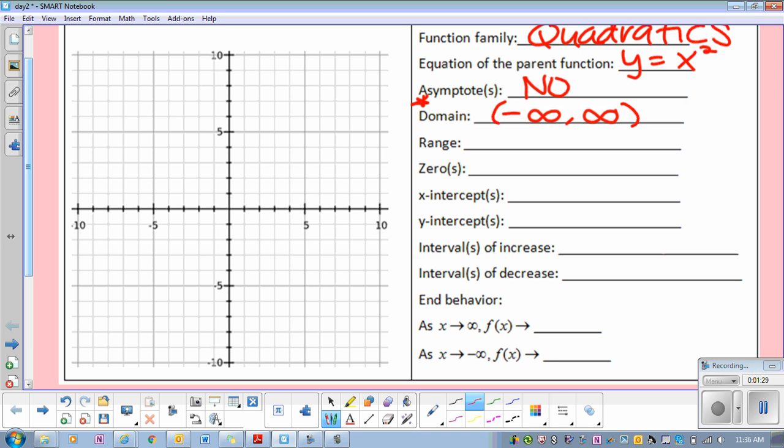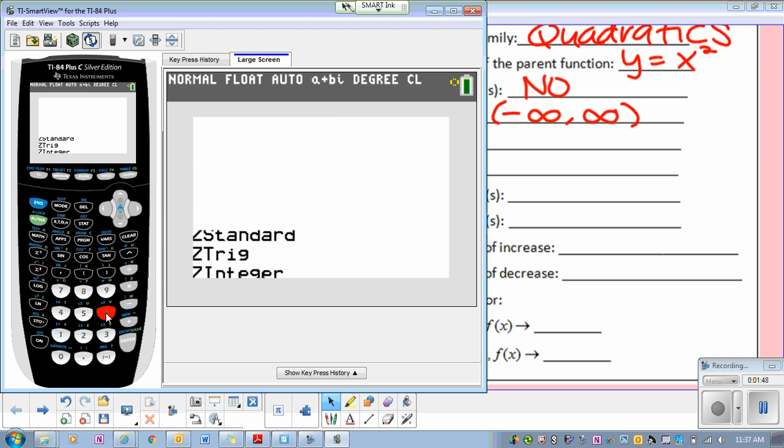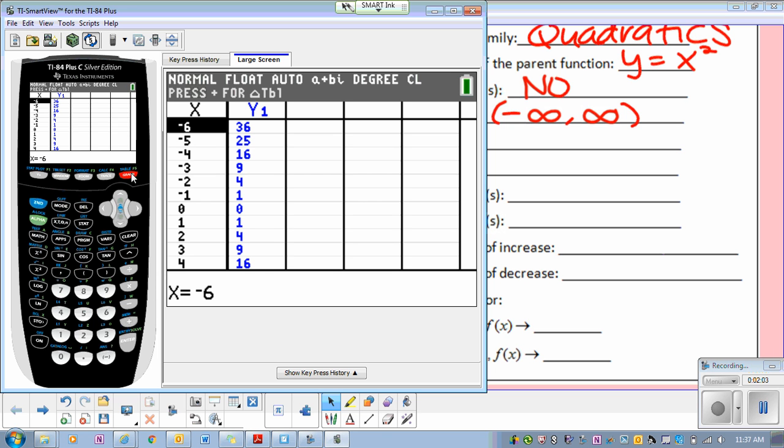Let's graph this parent function, y equals x squared. So, like we did last time, you could set up a table, right? I'm going to put it in the calculator. Put in the y equals, put x squared. Okay? And if I graph it, if I hit zoom 6, just in case any of my windows are weird. That makes it standard. So that is what my graph looks like. I can go to second graph, go to my table, get some points.